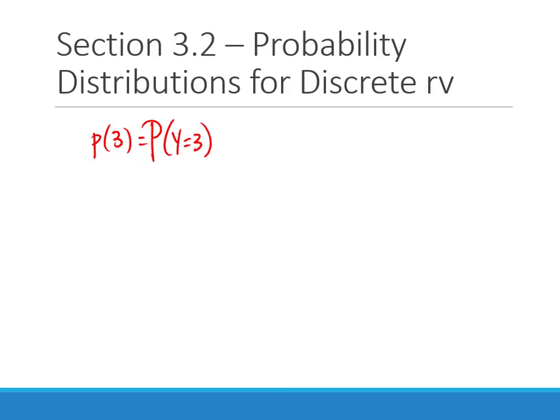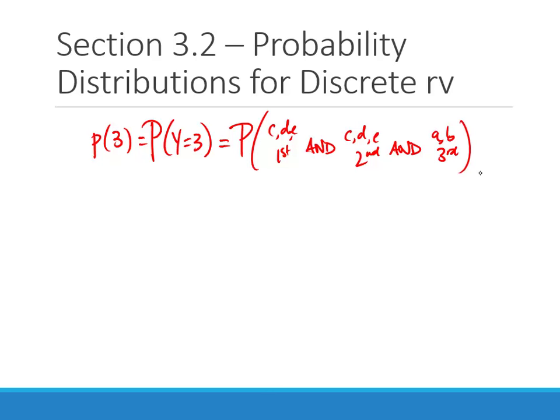And then the third position is the first time that I'm allowed to get an A or a B. Let me write this out real quick. So I need a C, D, or E first, and a C, D, or E second, and I need A or B to come third.